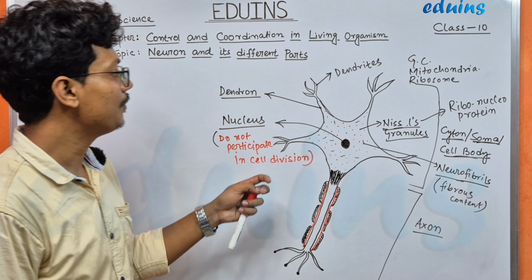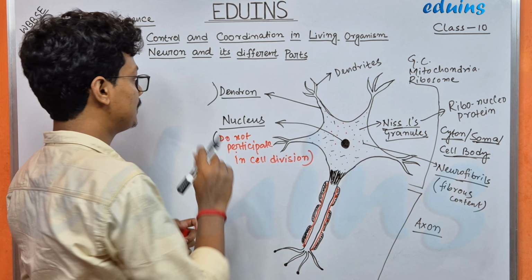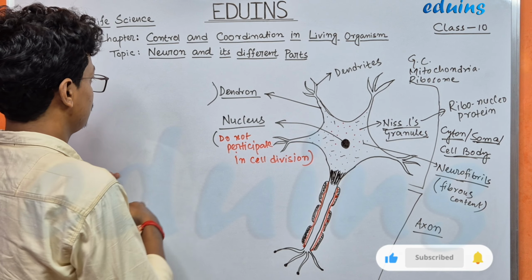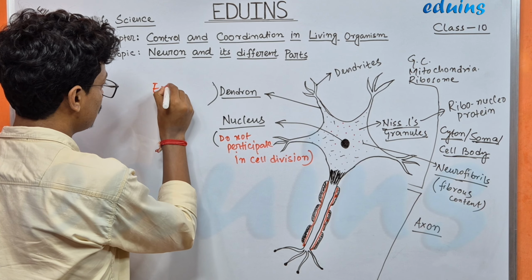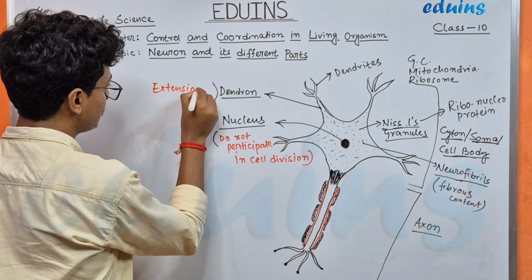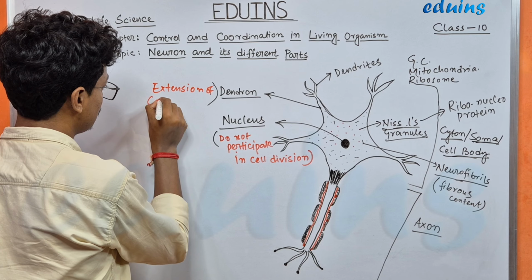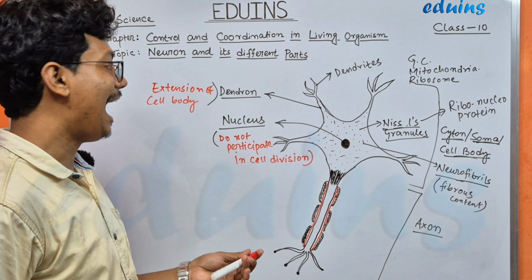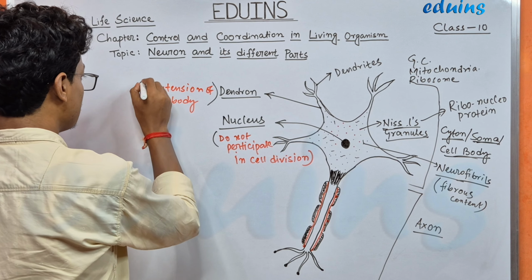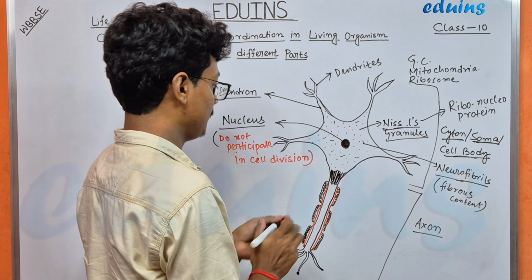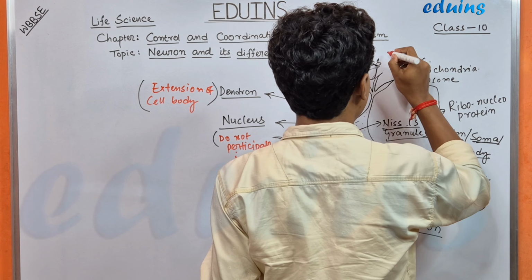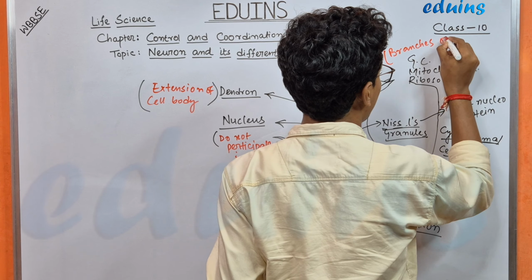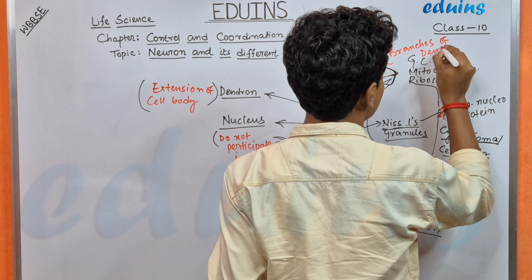So the extension of the cell body is known as dendron, and the branches of the dendron are known as dendrites. Dendrites are the branches of dendron.